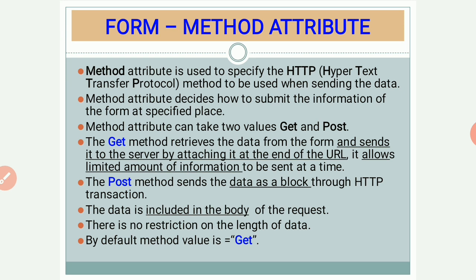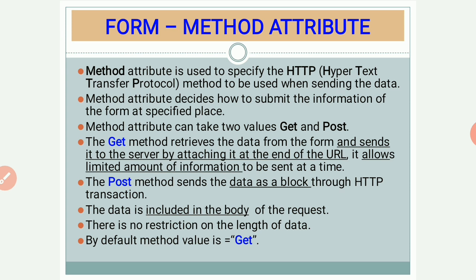The second method is post. This method sends the data as a block or collection of data through an HTTP, Hypertext Transfer Protocol, transaction. The data is included in the body of the request. Here there is no restriction on the length of the data.